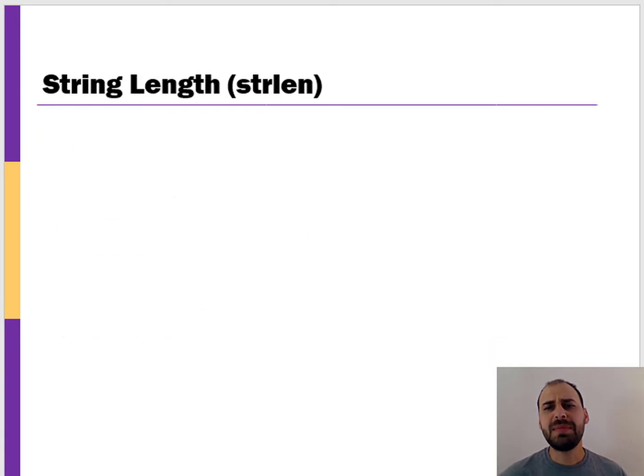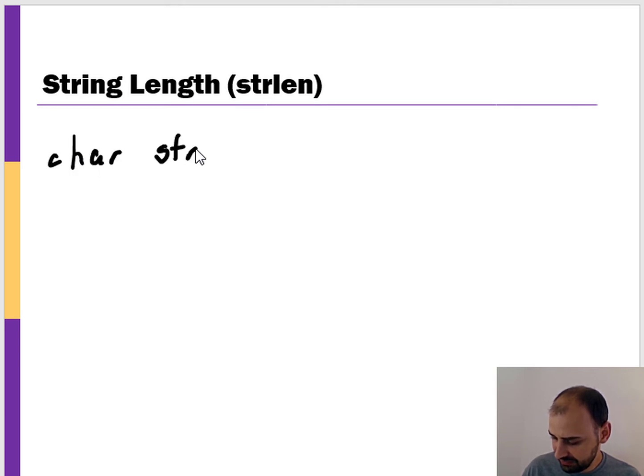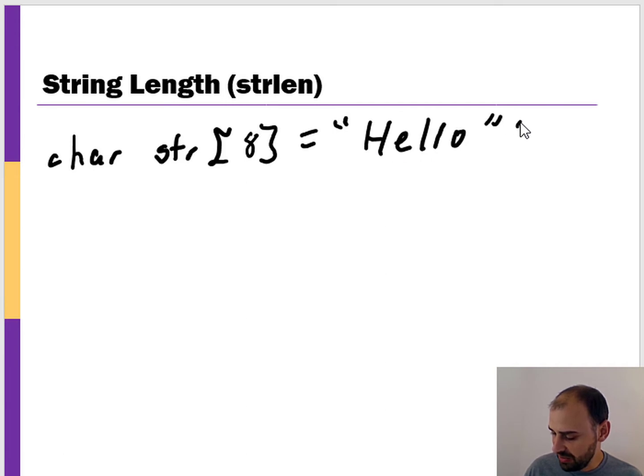All right, so what do I mean by the string length? Well, it's kind of similar to something we started looking at in the prior video. We imagine we have a string. Maybe we declared a string and we might have a maximum size of 8. We looked at this in the prior video.